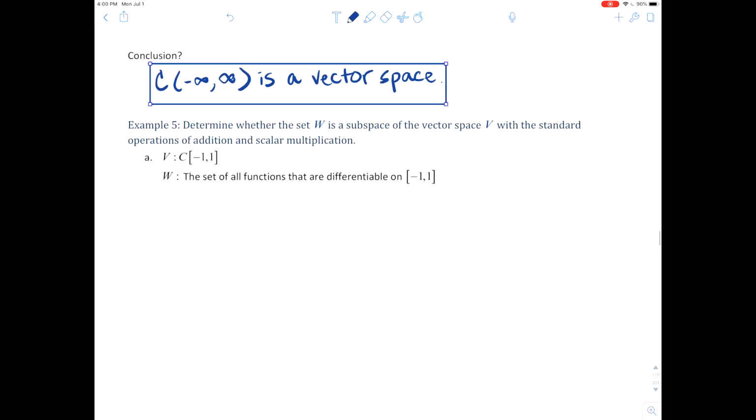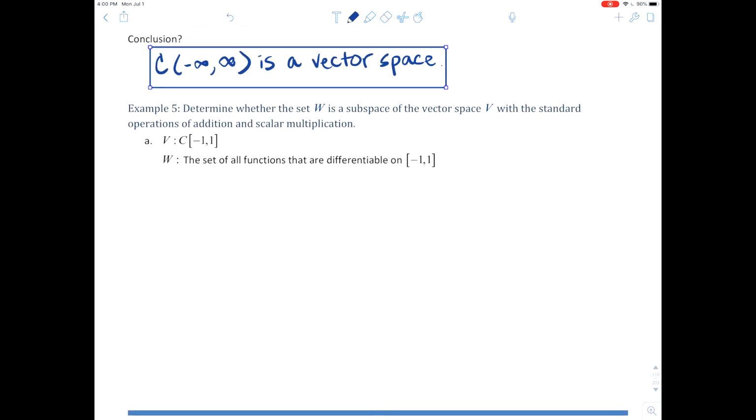All right, so for this example 5, determine whether the set W is a subspace of the vector space V with the standard operations of addition and scalar multiplication. So if V is the set of continuous functions on the closed interval from -1 to 1, and W is the set of all functions that are differentiable on the closed interval from -1 to 1.